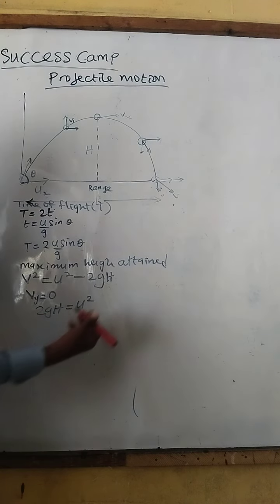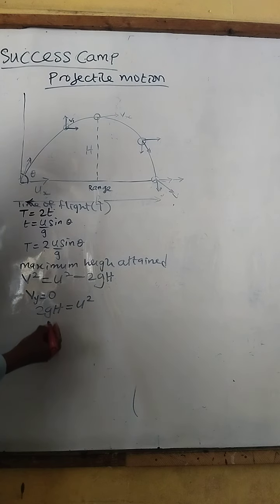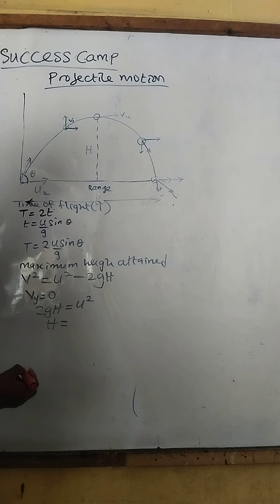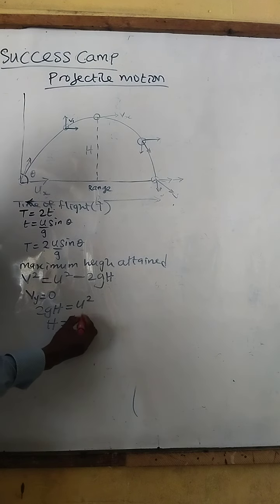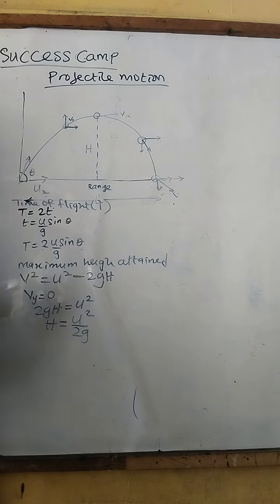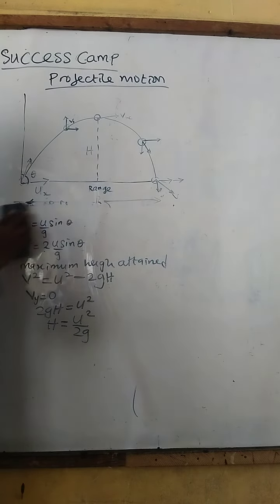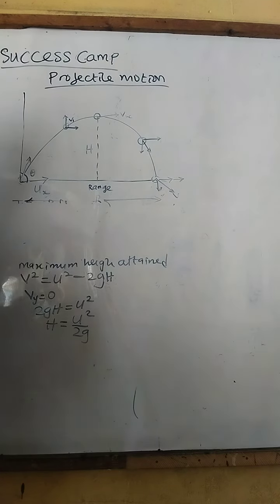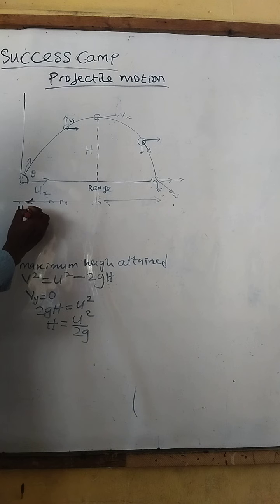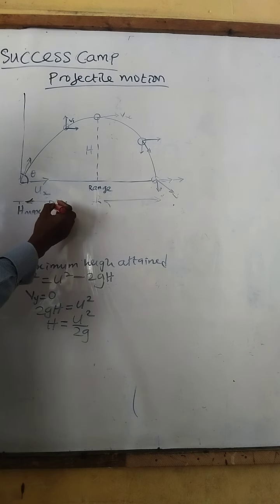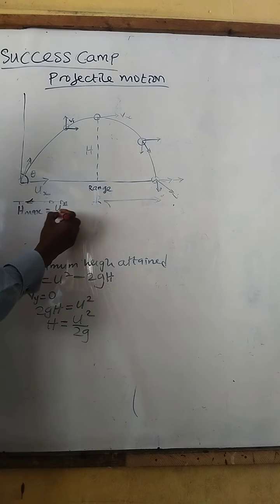Now from here, I want to make h the subject of the formula. h would become u squared over 2g. Let me bring it up so that we can see what I am doing here. What I wrote down here was h maximum equals u squared over 2g.